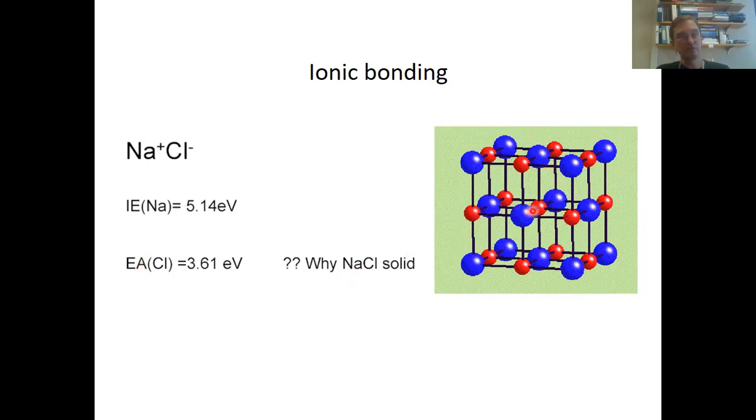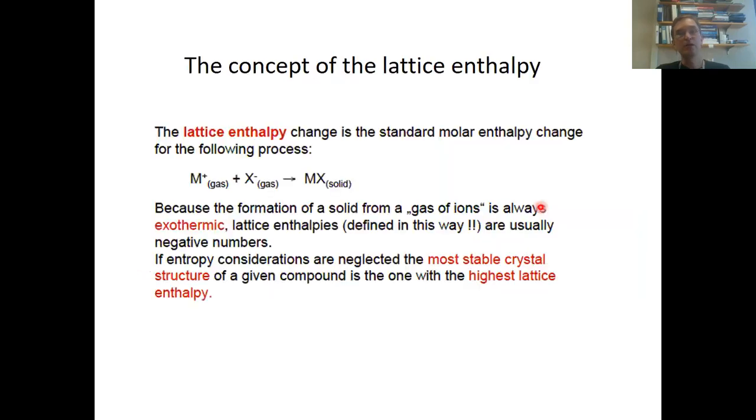Okay, so now if there's such a great instability in the gas phase, why is sodium chloride perfectly stable in the solid state? That is because of what is called the lattice enthalpy or the lattice energy. If we bring the sodium ion and the chloride ion from the gas phase, where they have a large distance, together to form a crystal, then we can effectively harness the electrostatic attractions between the cations and the anions.